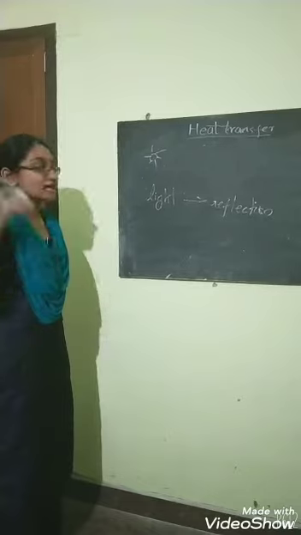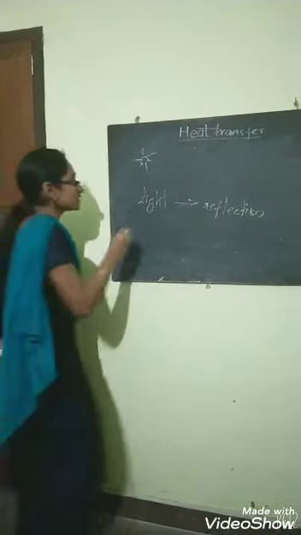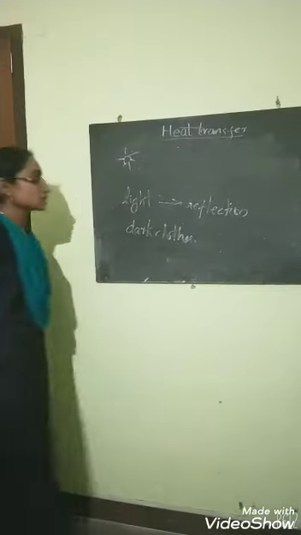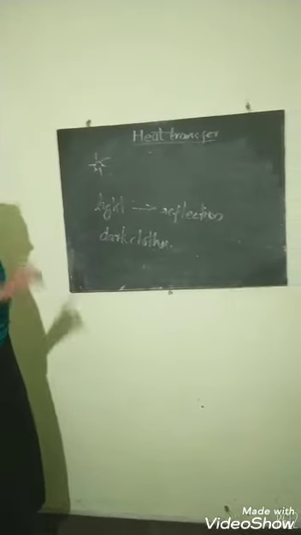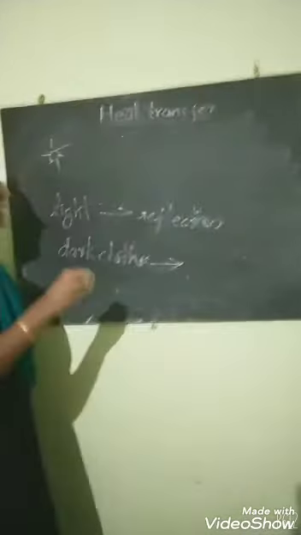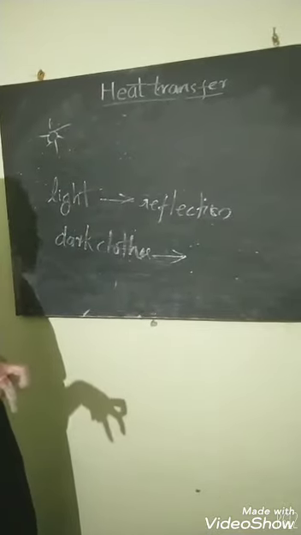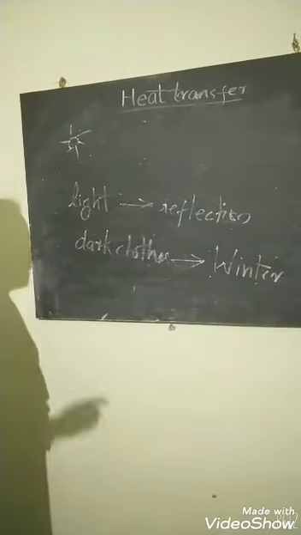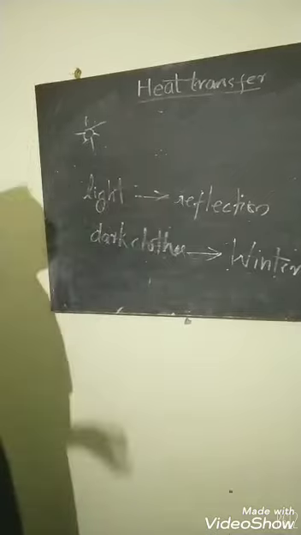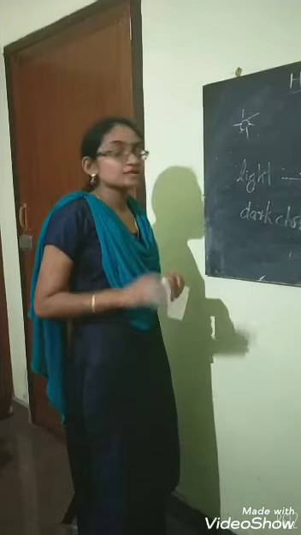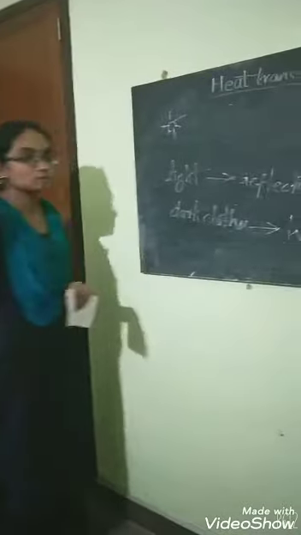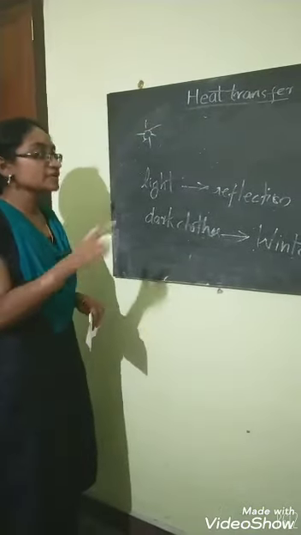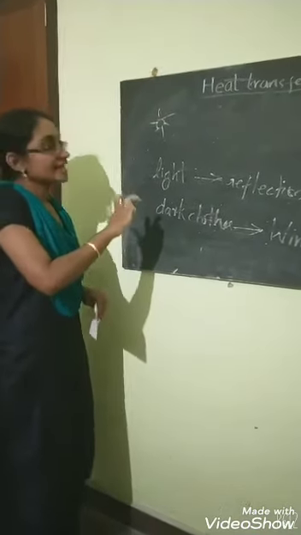Light clothes are good to wear in summer, and dark clothes absorb more heat than light clothes and maintain a good temperature in our body in winter. So it's good to wear dark clothes in winter. These are the two points we are mentioning here: light clothes reflect more and that is good in summer, and dark clothes absorb more heat and that is good in winter.